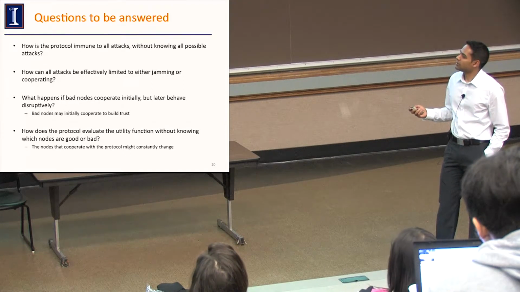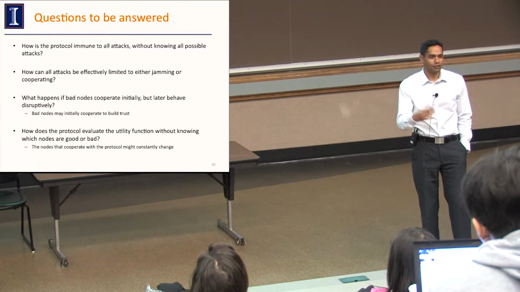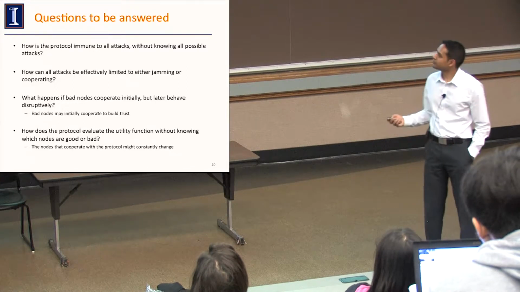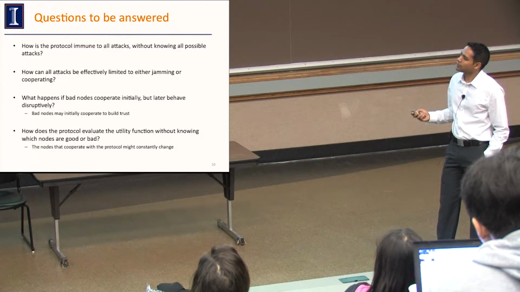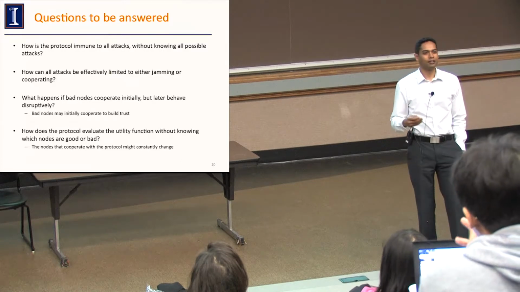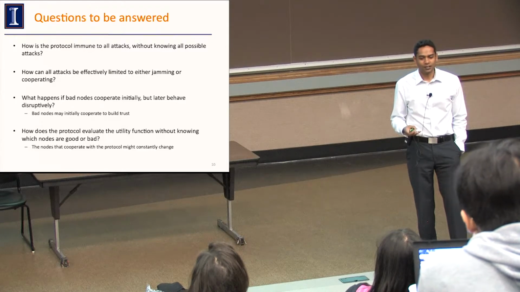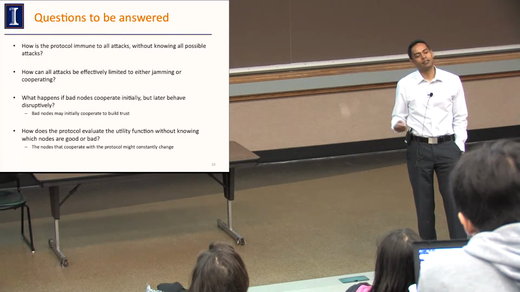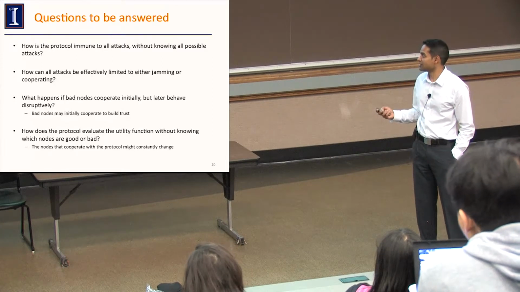But I'm claiming that the protocol is immune to all of those attacks without even describing them first. And moreover, why can I say that all the attacks are basically limited to either jamming or cooperating? In practice, denial of service attacks can be very complex, very sophisticated, but I'm making this statement here.